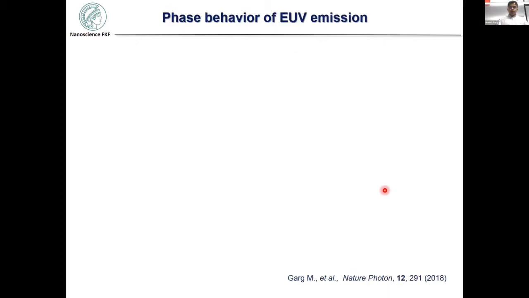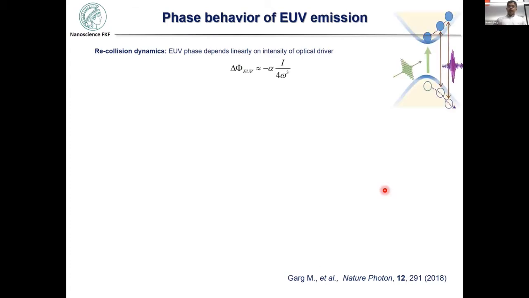Now I would move on a bit and look into what else we can learn from this previous interferometry experiment about the phase behavior of EUV emission on the intensity of the optical pulses and the CEP of the optical pulses. As you know from the recollisional mechanism, the EUV phase depends linearly on the intensity of the optical driver.